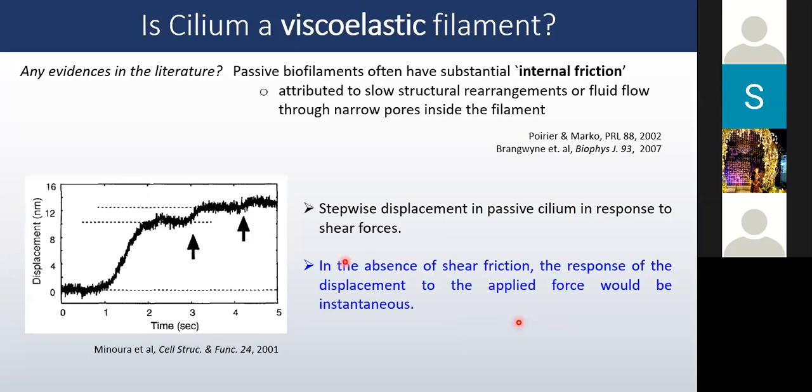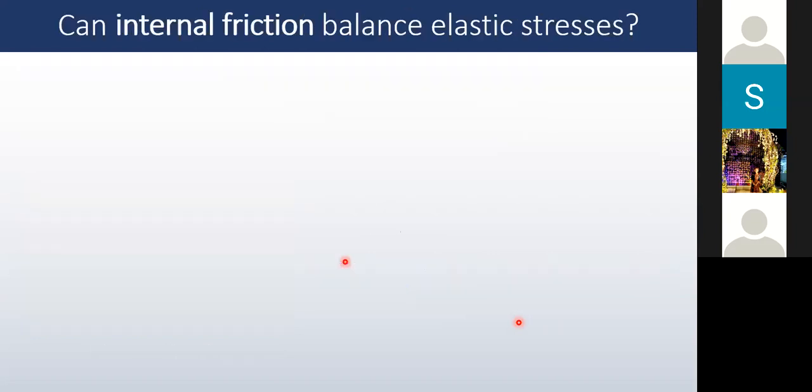It can have internal friction, but can this balance the elastic stresses? So let's invoke the general internal dissipation terms that should be included in the equation for the filament itself.